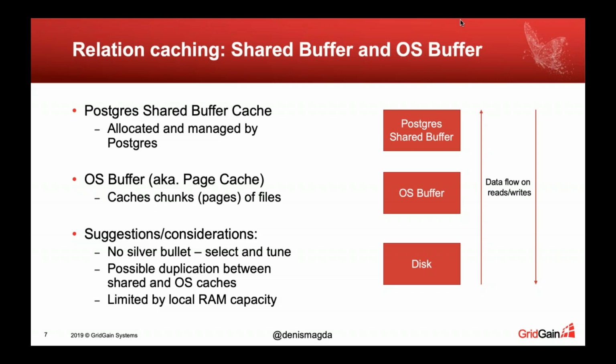And if you have that operating system buffer cache enabled and you activate Postgres shared buffers, then keep in mind that if you update anything in Postgres, that update will touch both the Postgres shared buffer cache and the operating system buffer cache, and only after some point in time will the operating system write the changes to disk. So it means that there is possible data duplication and extra update cycles if you have both options enabled. That's one of the things to consider. So that's why, if you enable Postgres shared cache, ensure that you tune your operating system buffers very well.